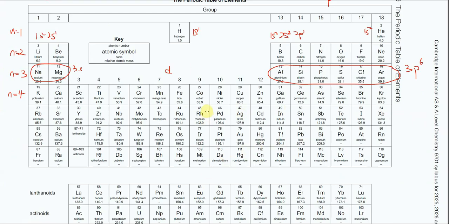The rhodium is right here, in the d block. Rhodium is in n equal to 5, you see here. That's why the total number of electron shells is 5. We can get it from the periodic table. Its electron configuration is 5s2 4d7. So this is the number of electron shells for rhodium.